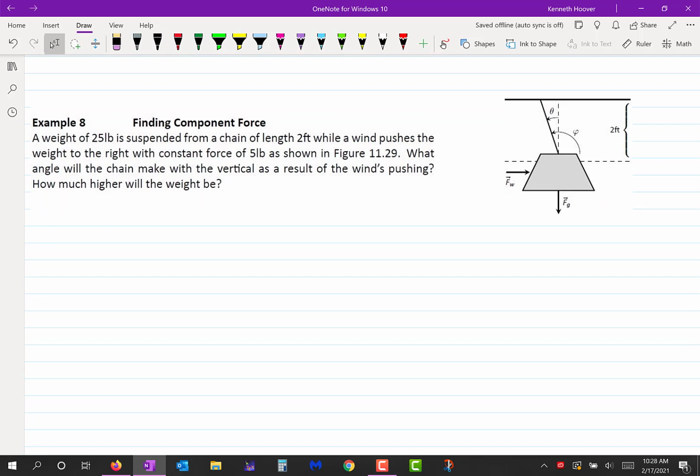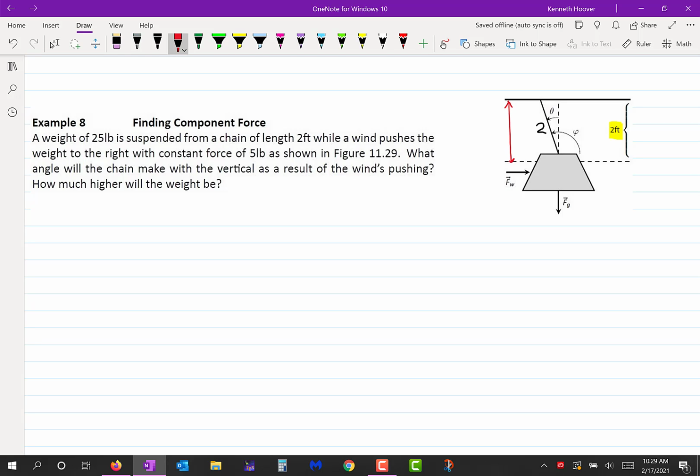So now you have a weight, which this one happens to weigh 25 pounds. Well, let me just read it. A weight of 25 pounds is suspended from a chain of length 2 feet. So let's write that down really quick. This is 2 feet right here. I know in the picture it might be confusing because of this saying 2 feet, but that goes from here down to this dotted line.